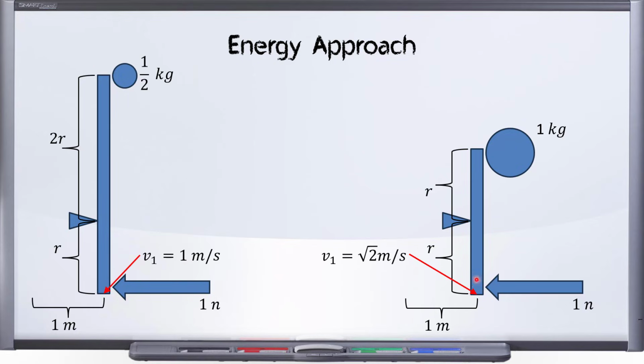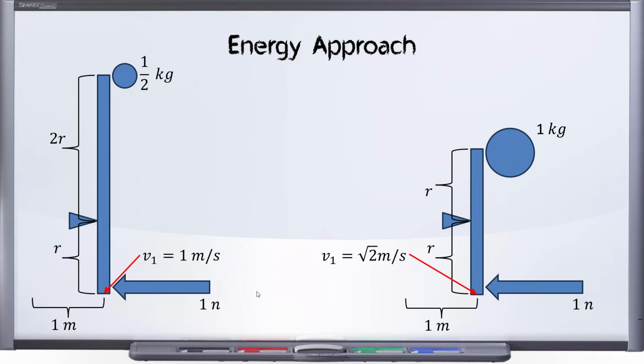So this rocket is moving about 40% faster than this rocket, even though they applied the same force over the same distance. Back when we introduced this thought experiment, our intuition told us that the velocities should be the same.